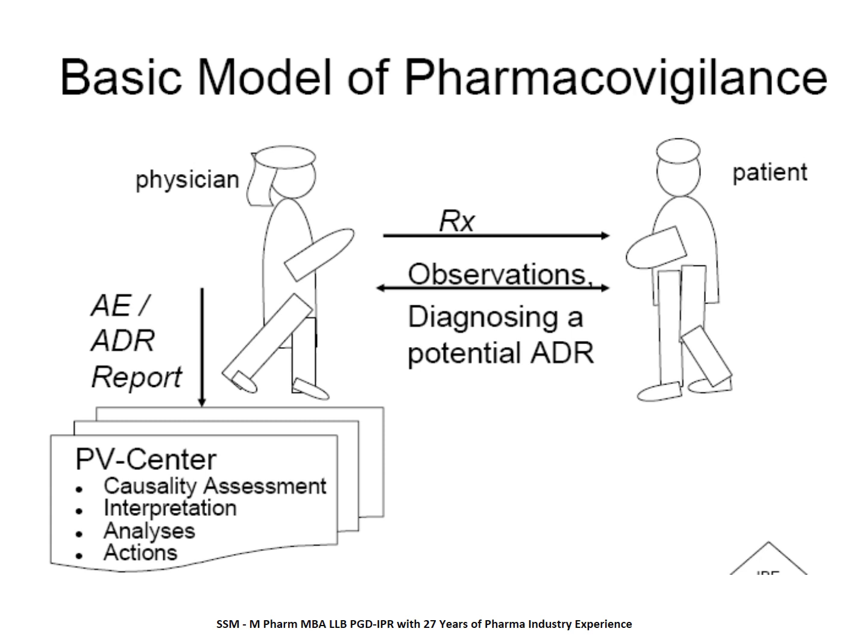The center then makes the assessment, including causality assessment of whether the event was related to the drug or not, interprets and analyzes the report, and finally takes action. For a specific safety concern, this may lead to adding a warning, precaution, or contraindication, or for a serious safety concern, even withdrawal of the product from the market. The final analysis report is sent to regulatory authorities.